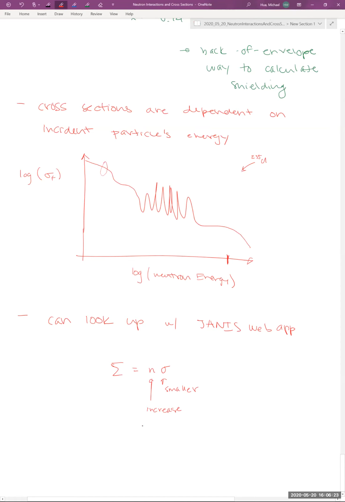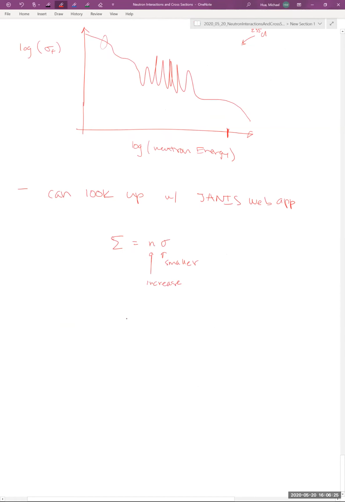And in this case, your density is going to be, I'll say, fraction of uranium-235 times the density.